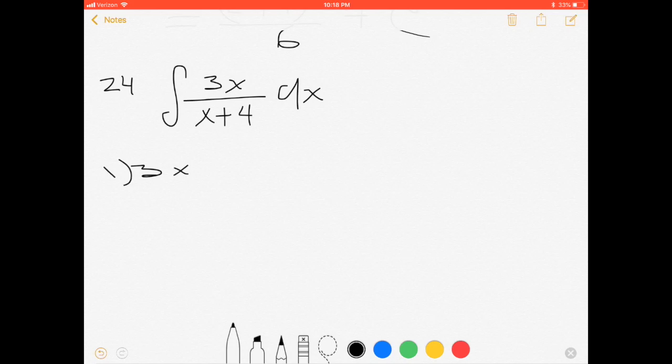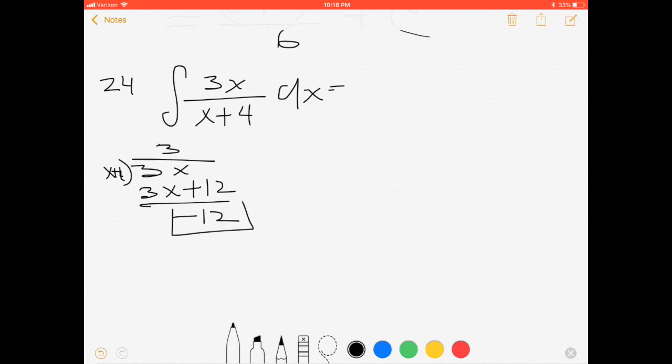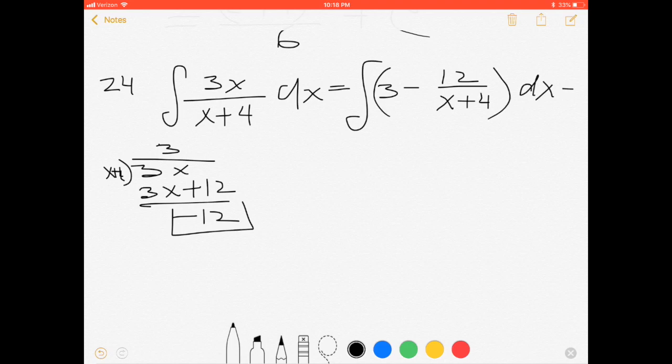3x divided by x plus 4. You have 3x plus 12. Subtract, and negative 12 is your remainder. This means this integral will be 3 minus 12 over x plus 4 dx.